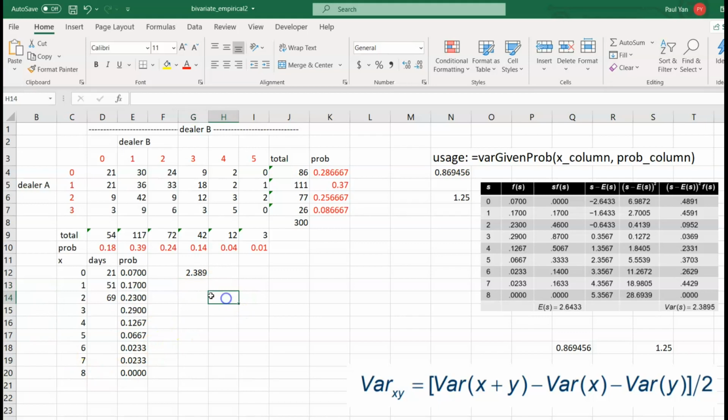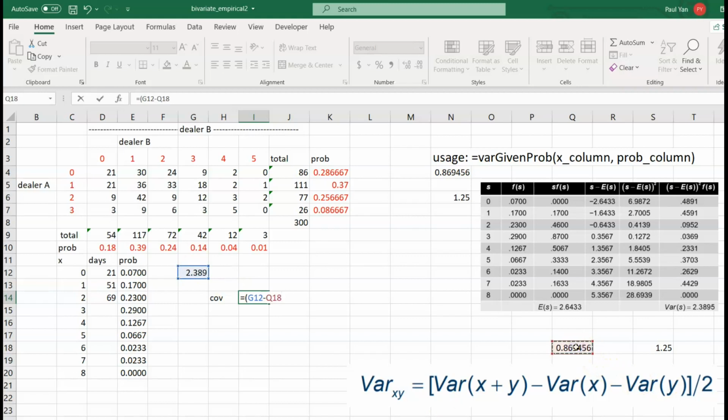Okay, so the final is covariance. Our covariance equals the variance of x plus y, minus variance x, minus variance y, and the final result divided by 2.